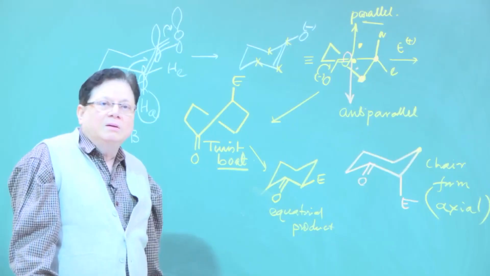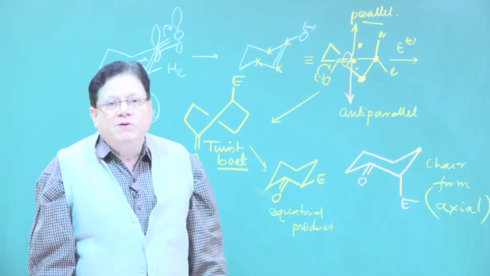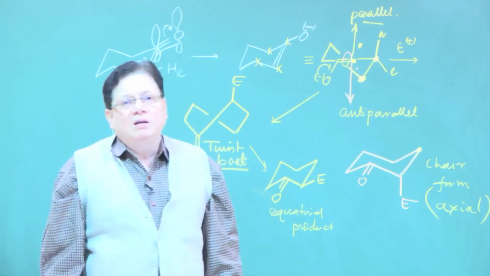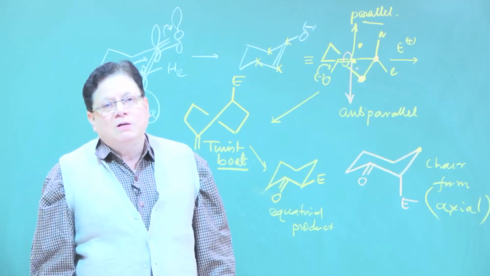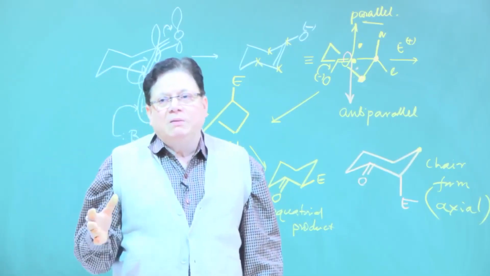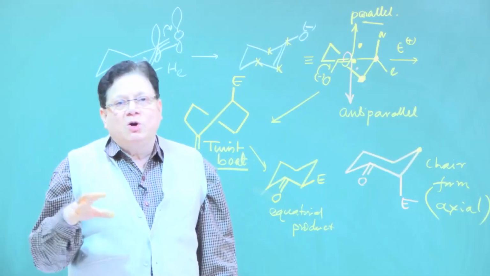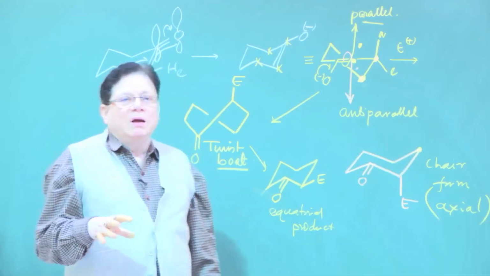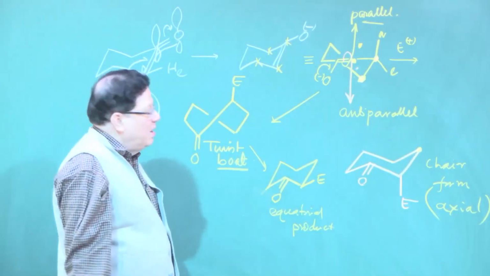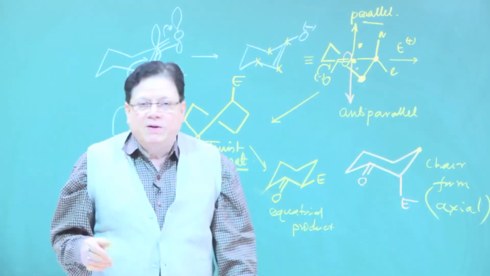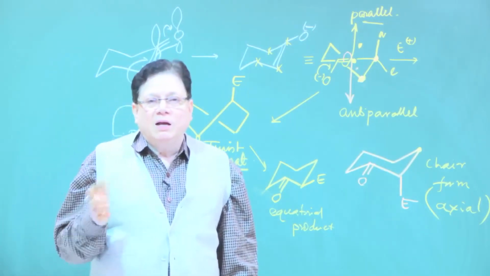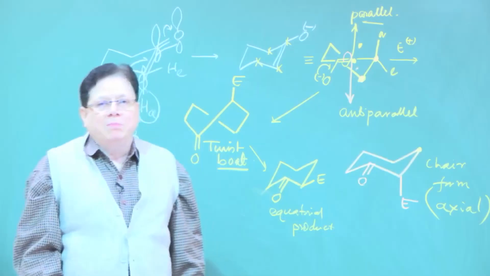So, you do not expect any differences if there is an early transition state, that means the geometry is not very important, and if there are no other overriding factors like steric factor or stereoelectronic factor, okay, then we can expect both the forms in appreciable amounts.